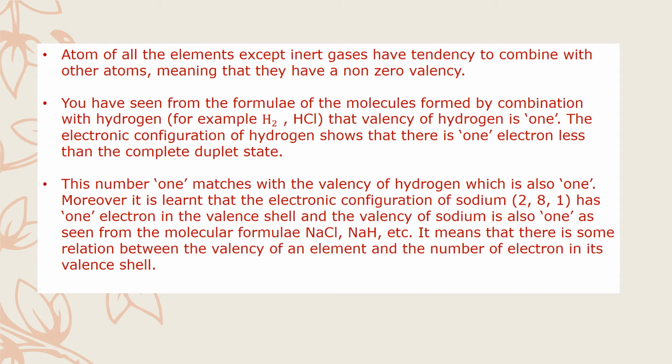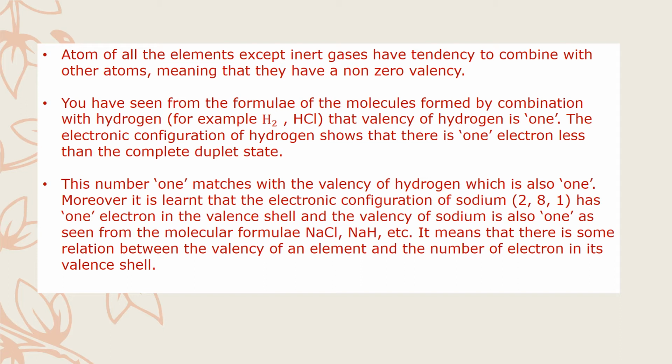You have seen from the formulas of molecules formed by combination with hydrogen, that is H2, HCl, that the valency of hydrogen is 1. The electronic configuration of hydrogen shows that there is one electron less than the complete duplet state, and this number 1 matches with the valency of hydrogen, which is also 1.